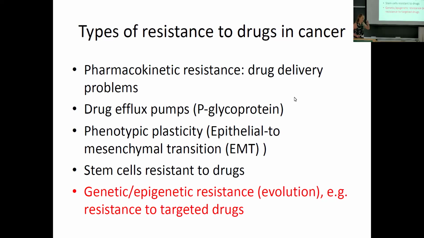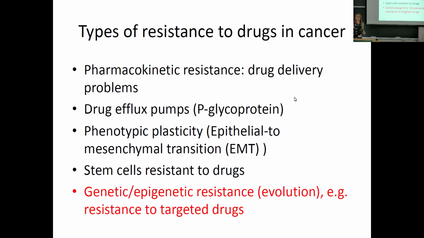Cells learn to extract the drug, pump it out, so they don't get killed by the drug. Phenotypic plasticity, including EMT: cells, without changing their genetic makeup, can adapt in such a way that drugs can't get them. Another way for them to hide is to become stem-like. Sometimes stem cells are not susceptible to some of the drugs. And finally, genetic and epigenetic resistance.